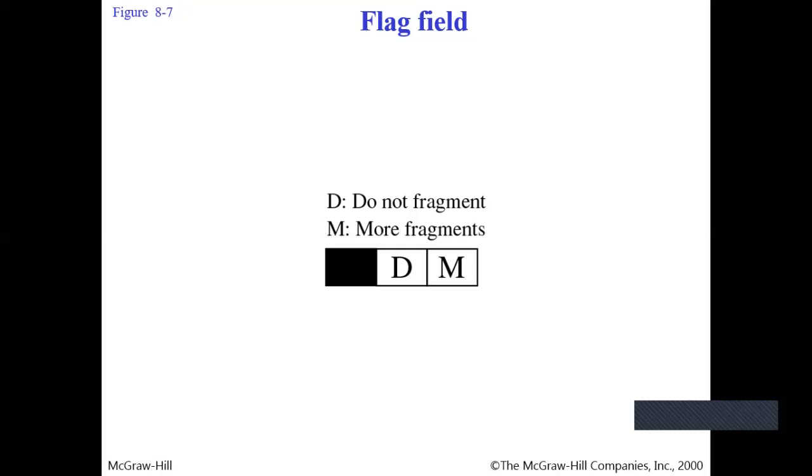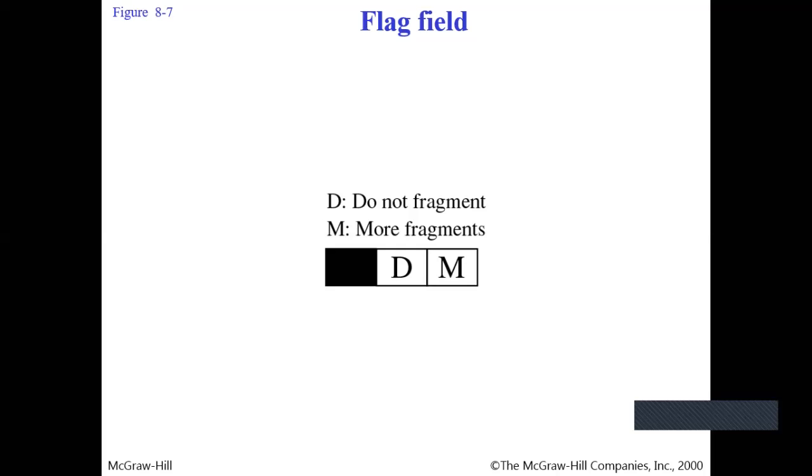Clear? If the D bit is 0, the datagram can be fragmented into different fragments or parts. A fragment is basically a part of the datagram, but it travels individually. That's why IP is known for the IP datagram, where the word datagram is used for connectionless services.